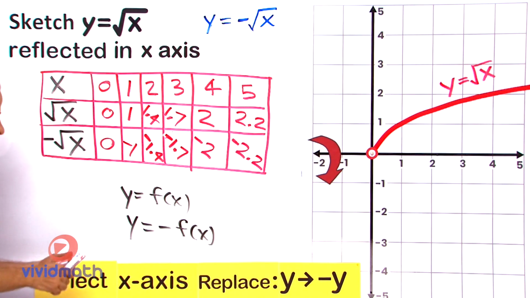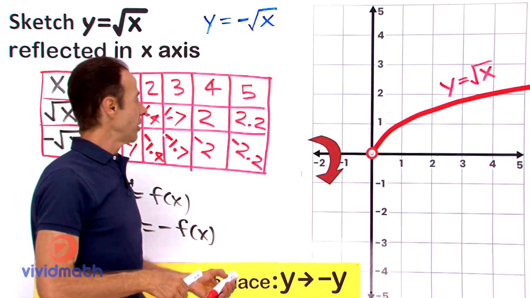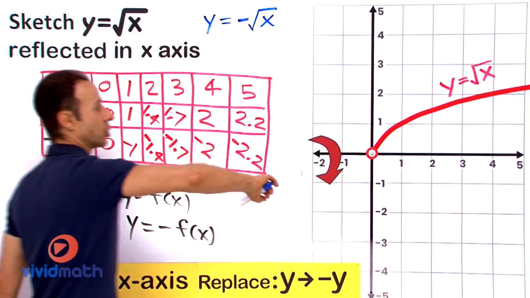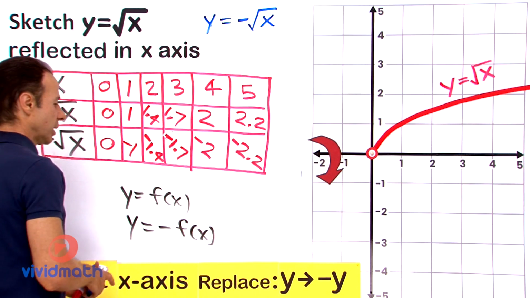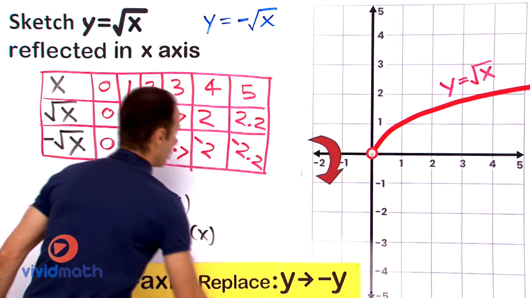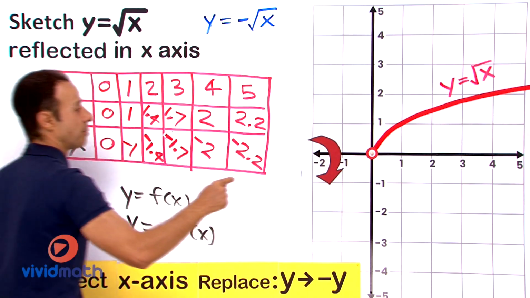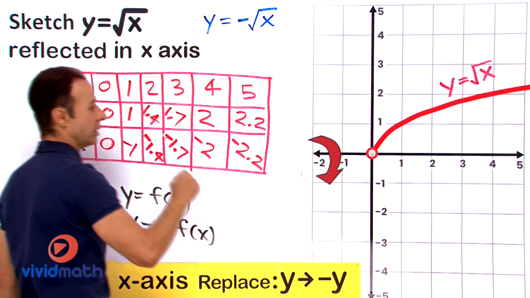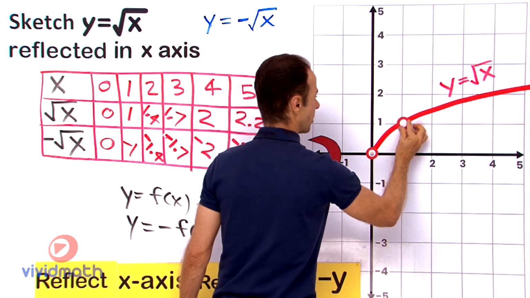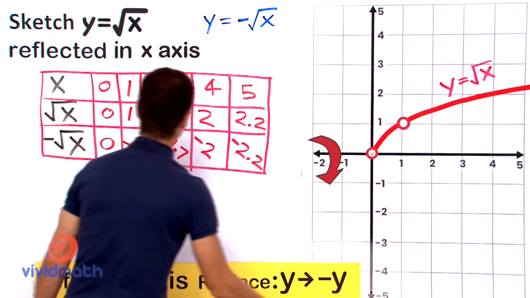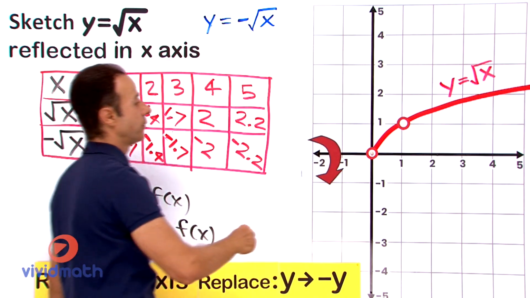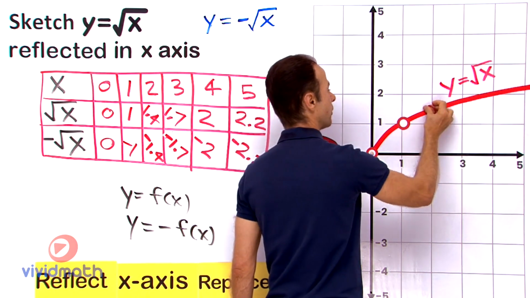Let's start plotting these points up here. All right, so let's confirm the curve up here is correct. We have the point first off, 0, 0, bang, there it is. We have 1, 1, yep, that's correct. We have another point, 2, 1.4, that's about 1.4, that's correct.